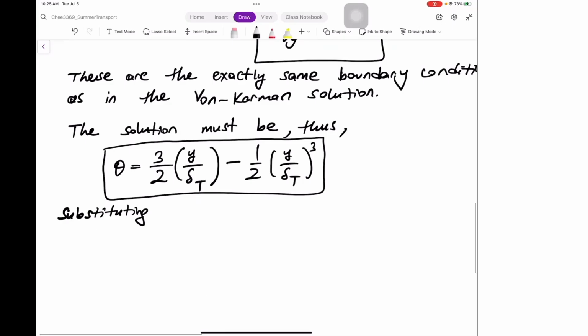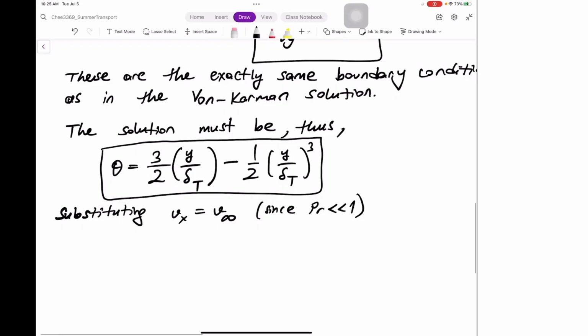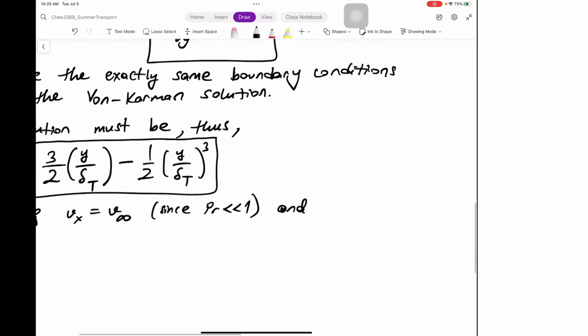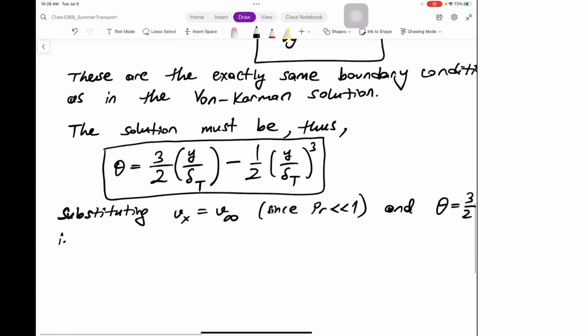Substituting Vx is equal to V infinity, since the Prandtl number is much less than 1, and theta is equal to 3 over 2 y over delta t minus 1/2 y over delta t cubed into the non-dimensionalized energy integral equation.